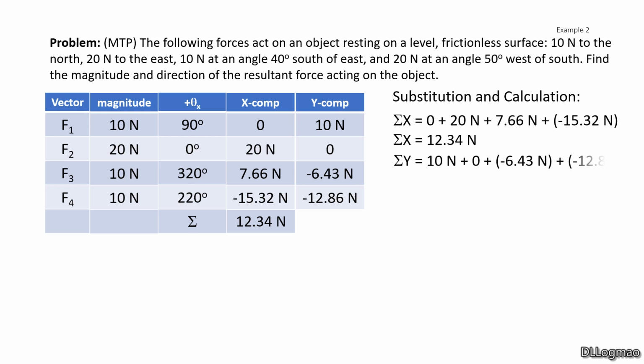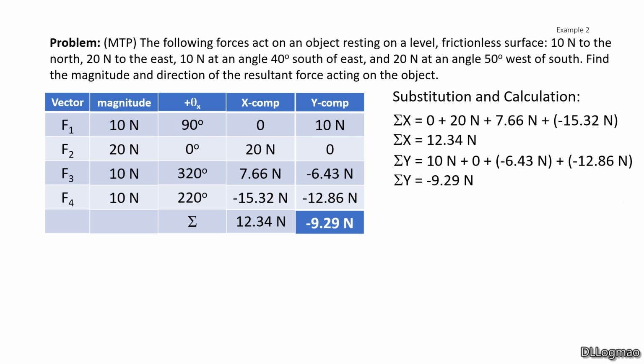The sum of the y components is equal to 10 newtons plus 0 plus negative 6.43 plus negative 12.86. The sum of y components is negative 9.29 newtons. Write the sum of y components on the table.